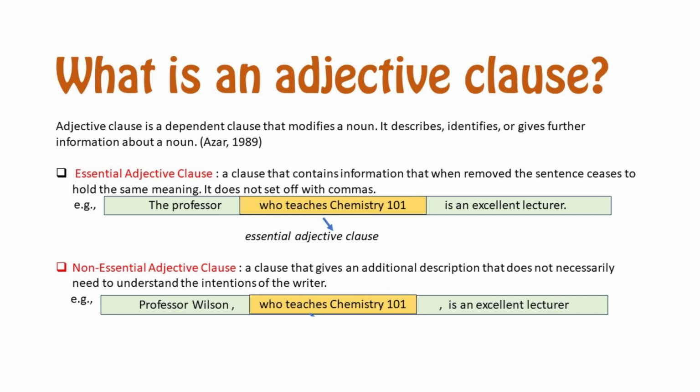For example, Professor Wilson, who teaches chemistry 101, is an excellent lecturer. Who teaches chemistry 101 is only additional information because we already know Professor Wilson. So Professor Wilson doesn't need to be re-identified.